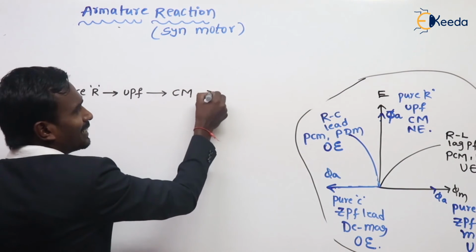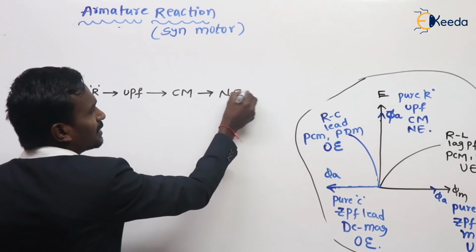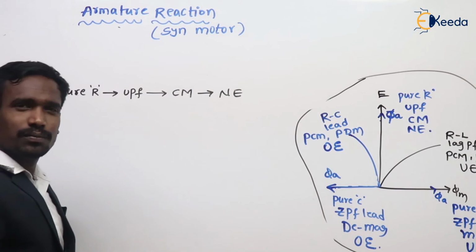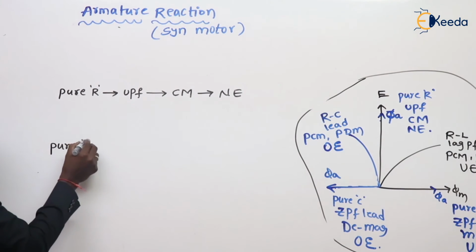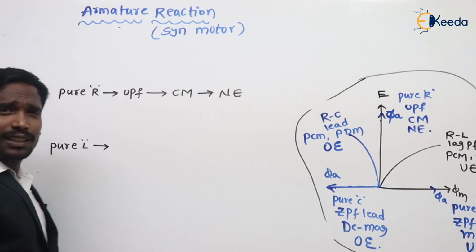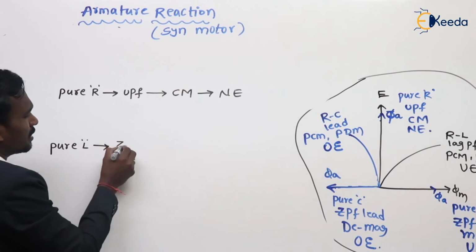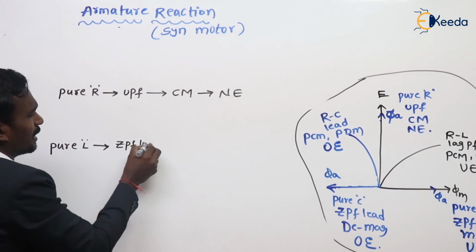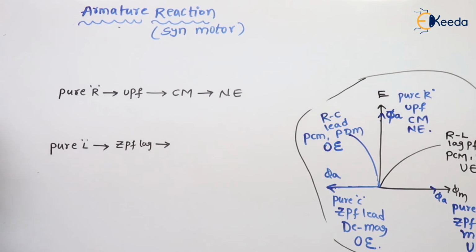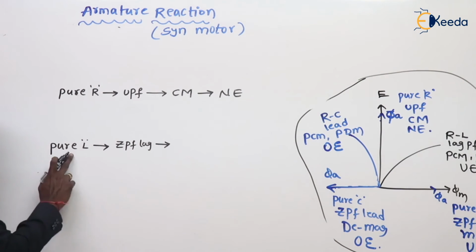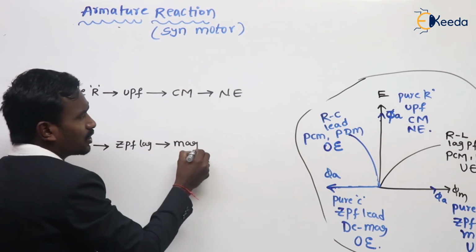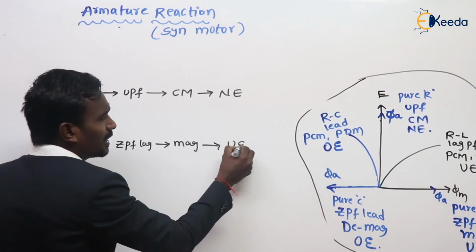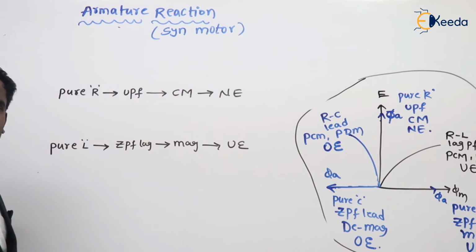What is the excitation? Normal excitation. For example, pure inductive load: what is the power factor? Exactly, zero power factor lagging. What is the armature reaction for synchronous motor? For pure inductive load, that is magnetization, and the excitation is under excitation.